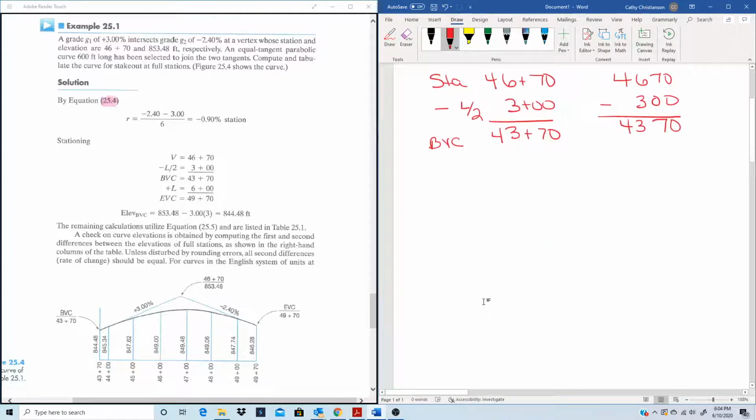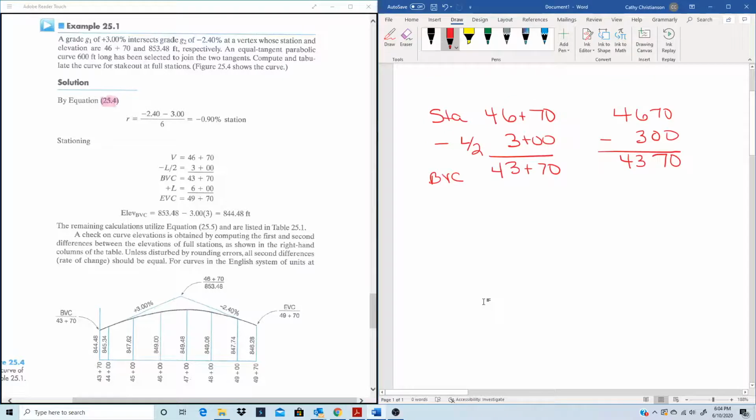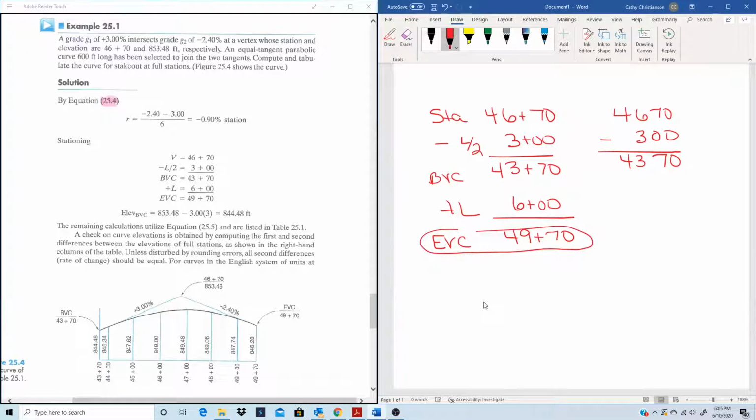Alright, and then to get the end vertical curve, it's always going to be plus L. And our L is 6 stations, or 600 feet. So our end vertical curve will be 49 plus 70. So those are the two numbers I need right now.